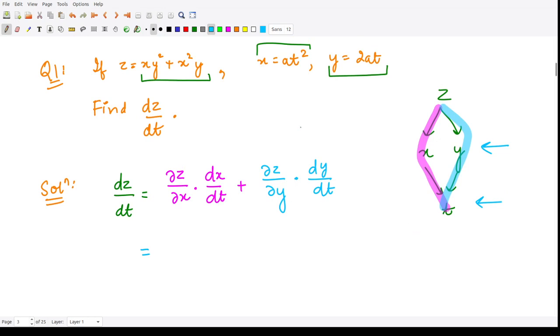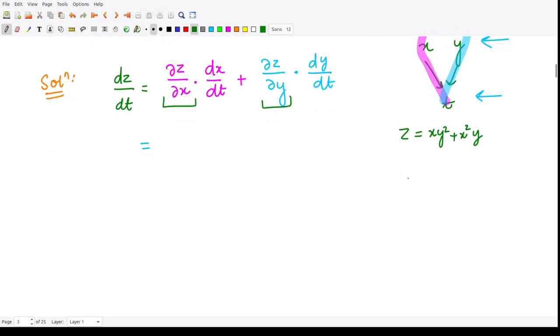So let us first calculate these derivatives. We have z is equal to xy square plus x square y. What do we want? We want this term and this term. So we'll first differentiate z with respect to x. So you have del z by del x. So here you will keep y as constant.